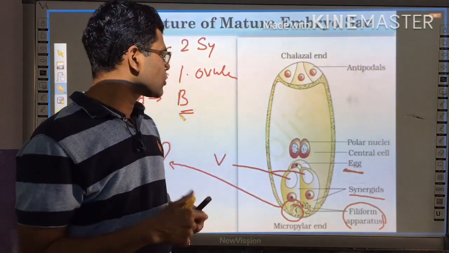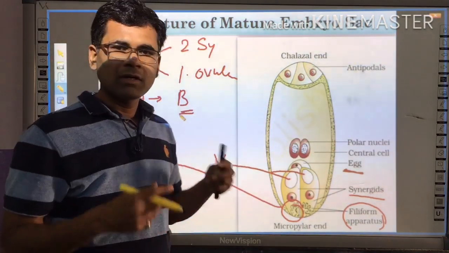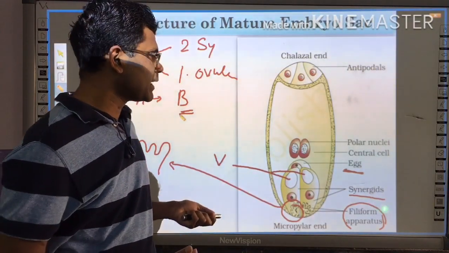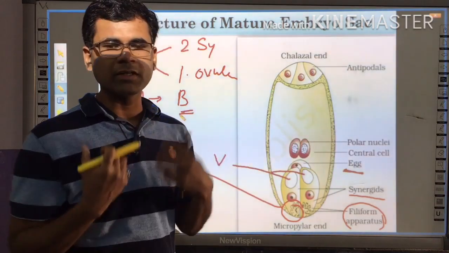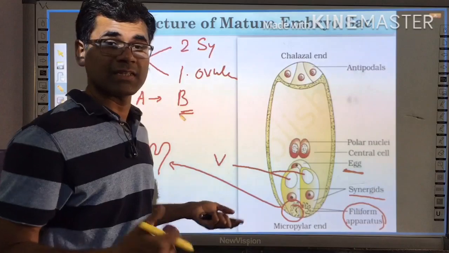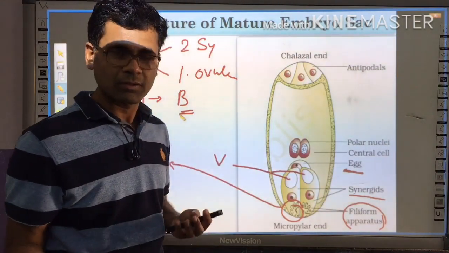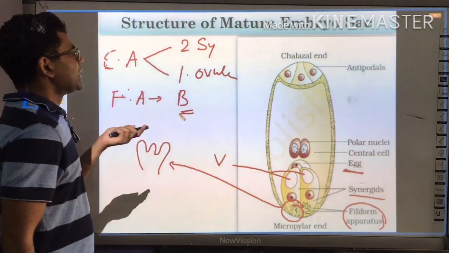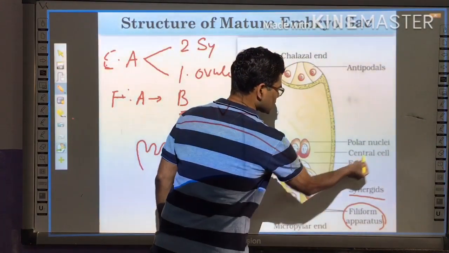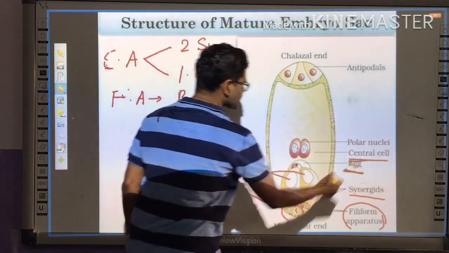Either from the nucellus or from the endosperm it draws nutrition, and synergids play a very important role in absorbing nutrients, which are very important for the growth and development of the zygote after fertilization.